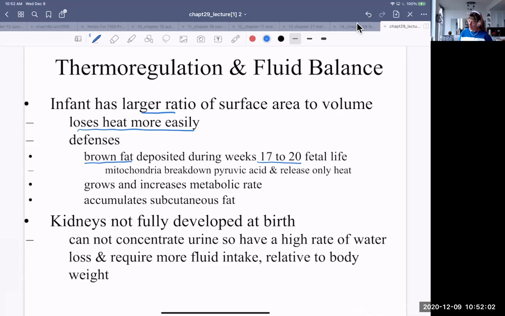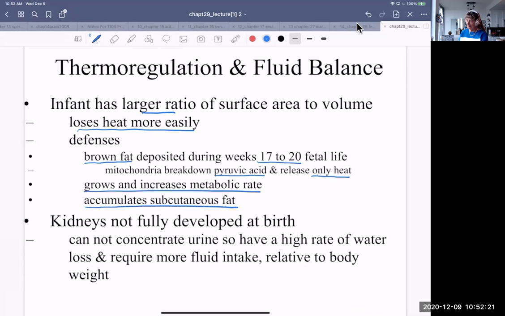And then the mitochondria break down pyruvic acid and release only heat. So the brown fat grows, metabolic rate increases, and it accumulates subcutaneous fat as well.